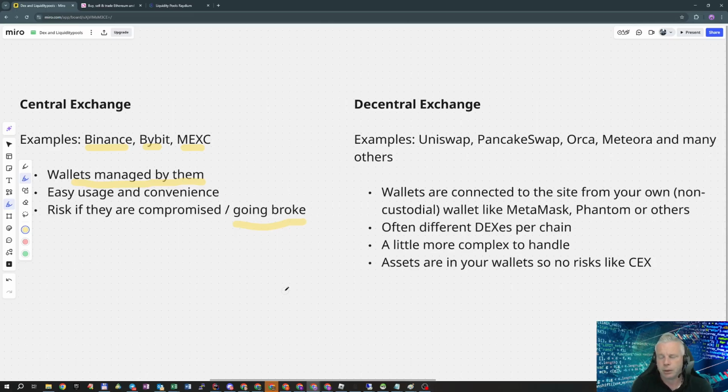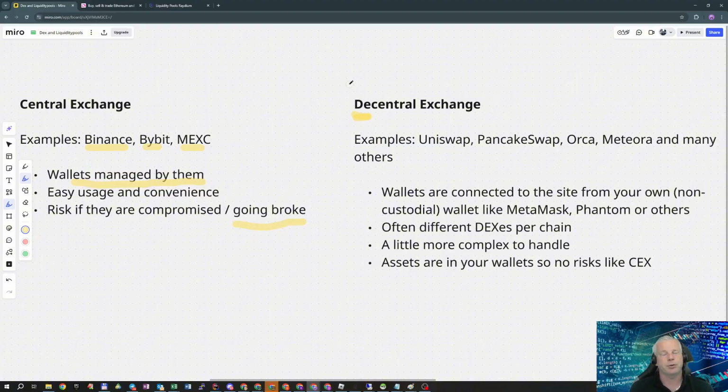So therefore, they invented a system which is called a decentral exchange. This means it is not a party which is controlling it, but literally programs on the blockchain which manage the functionality of this. And of course, the parties who have created this have created a website interface.